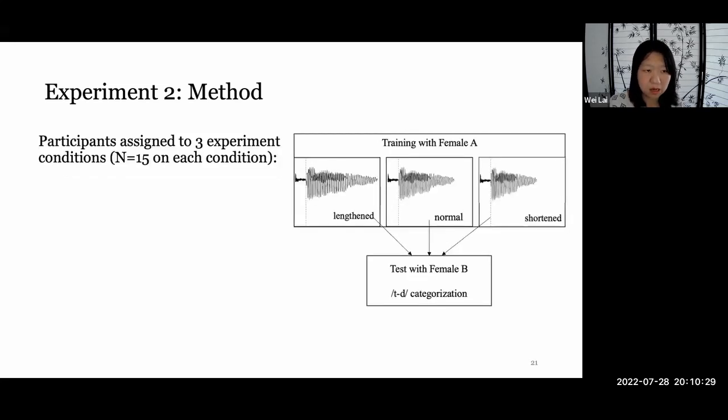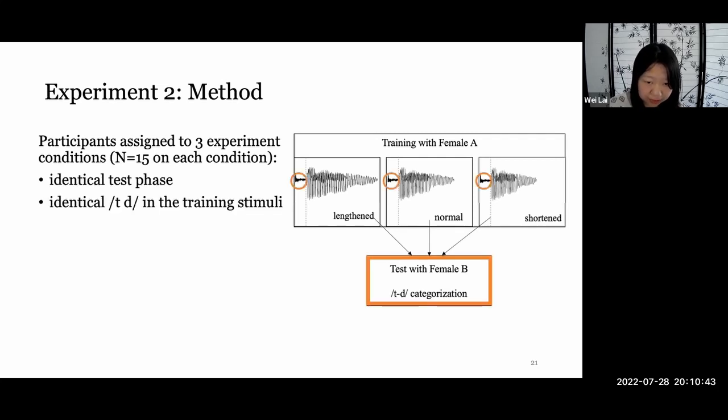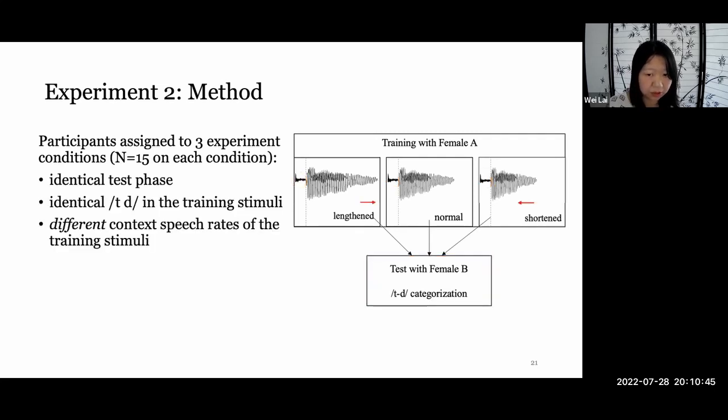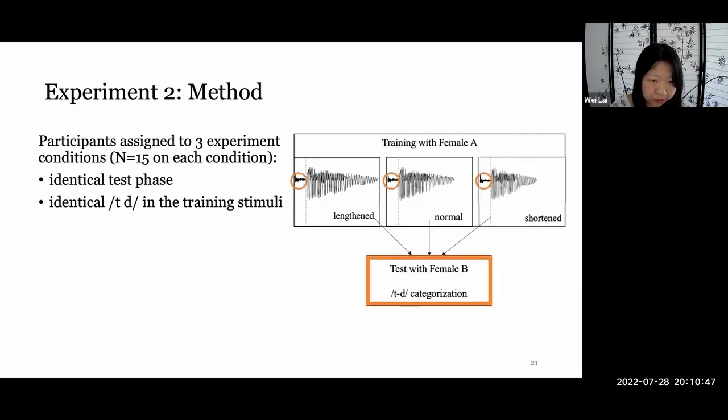So the participants are again randomly assigned to 3 experimental conditions with 15 participants in each condition. And the 3 conditions will have an identical test phase and identical TD in the training phase.